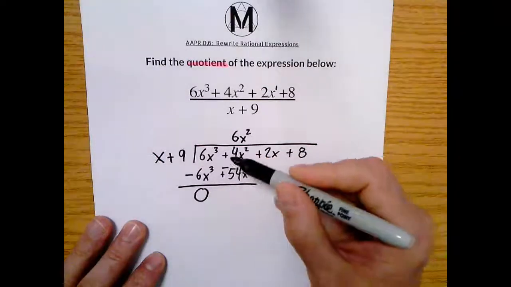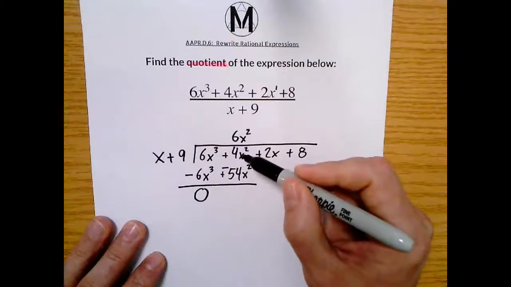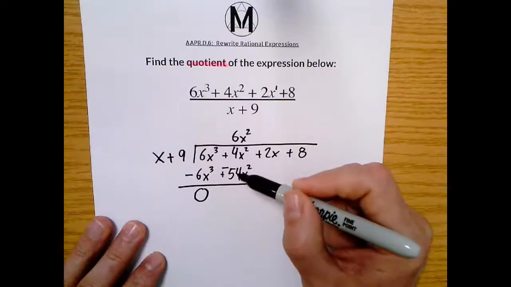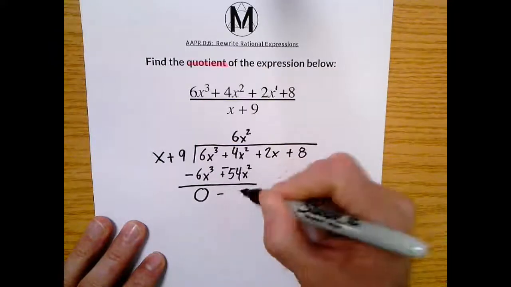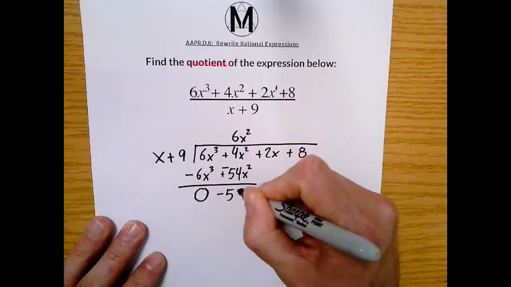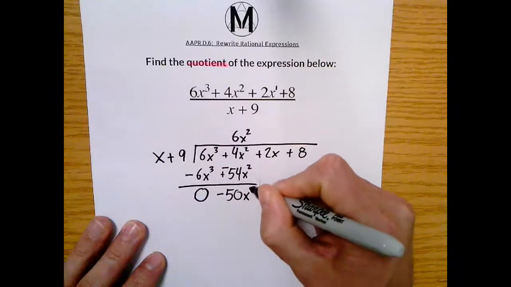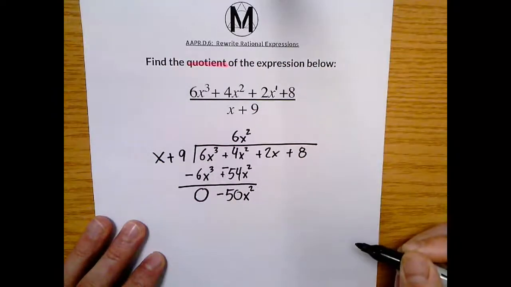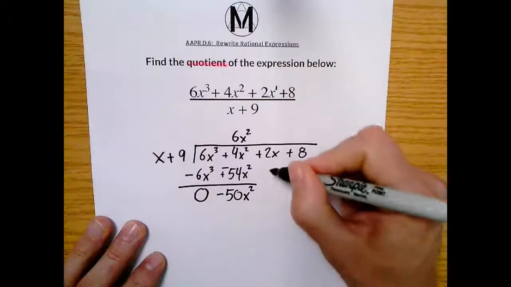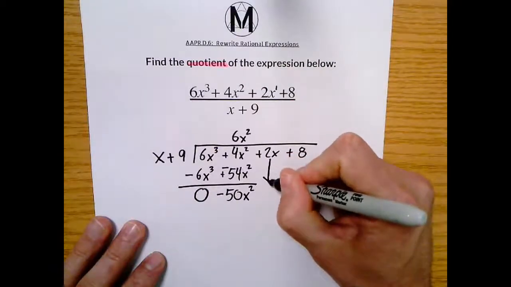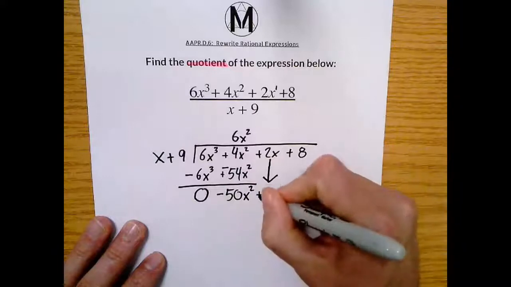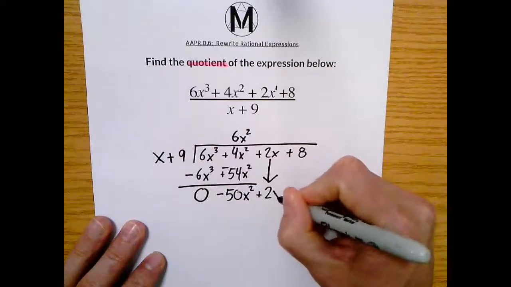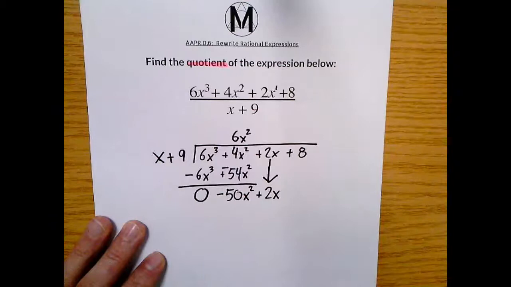And now we have positive 4x squared, and we're going to subtract from that 54x squared. So we're going to actually go negative, so now we have negative 50x squared. Okay, and that is step three. Step four, we just bring down the next term, which is the 2x. Okay, that was our 4 steps.